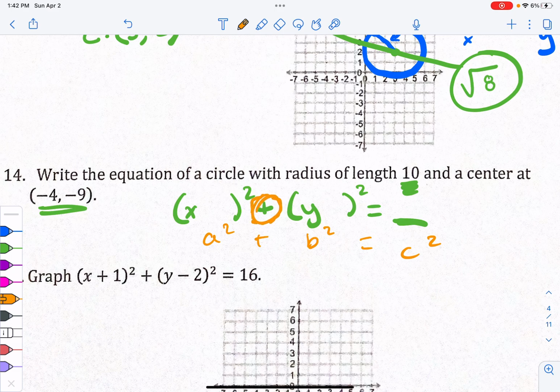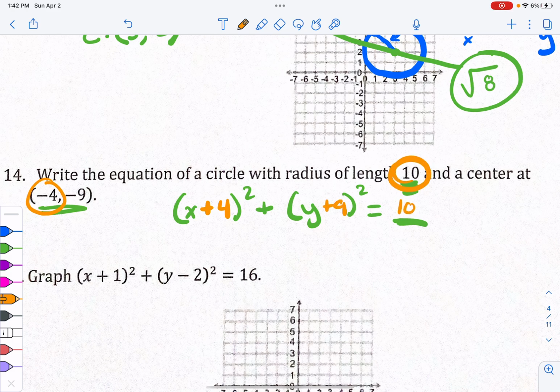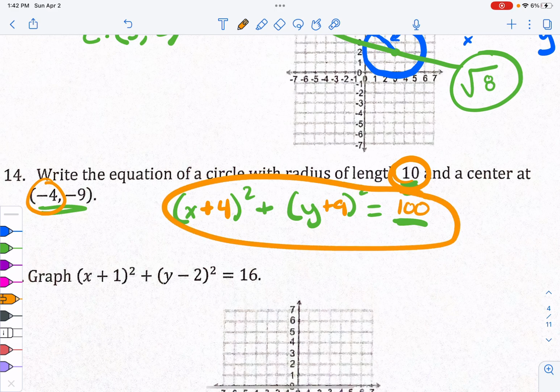That's how you can remember, it's a squared plus b squared equals c squared, okay? So your x value was -4, which means I have to flip the sign, and it's going to become +4. This becomes +9, and then r squared is 100, and this is the equation of my circle. So that's it. Don't forget your squareds. A lot of people forget to put those in their formulas.